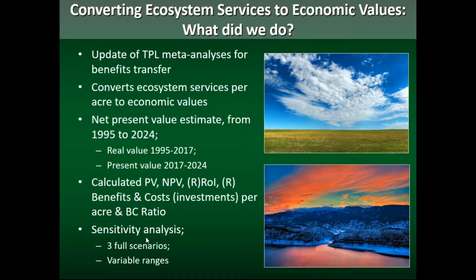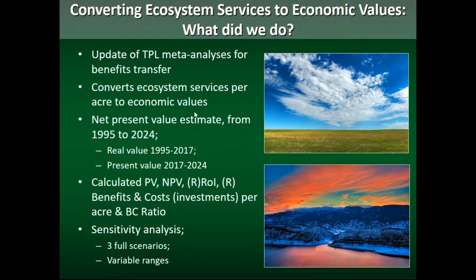We calculated net present value from 1995 through 2024, because remember, these are perpetual easements. We went to 2024 because of the planning horizon of the government. We looked at the actual values in real terms, so corrected nominal to real from 95 to 2017, and then we did a present value projection from 2017 to 2024.